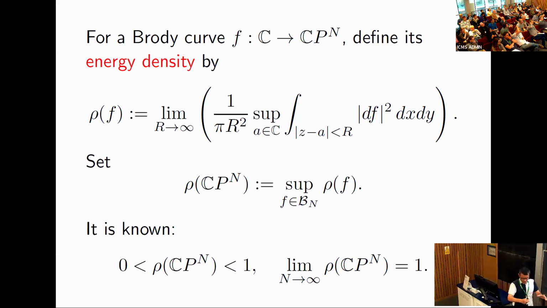Roughly, this just measures how much energy of F is distributed over the plane. And we define rho of CP^N as a supremum of this quantity over all Brody curves. Then it is known that this quantity is always positive and strictly smaller than 1, and it goes to 1 as n goes to infinity.